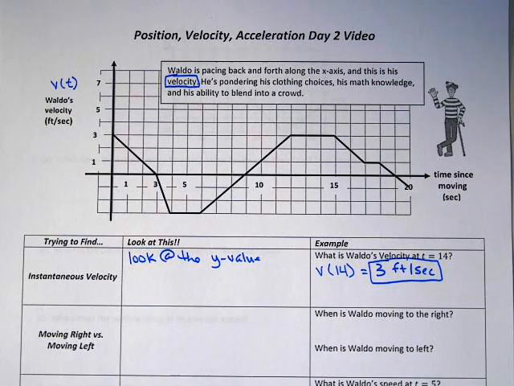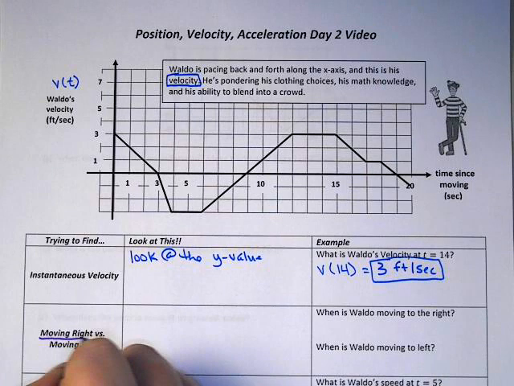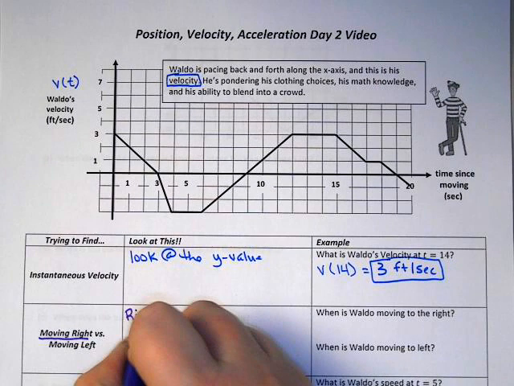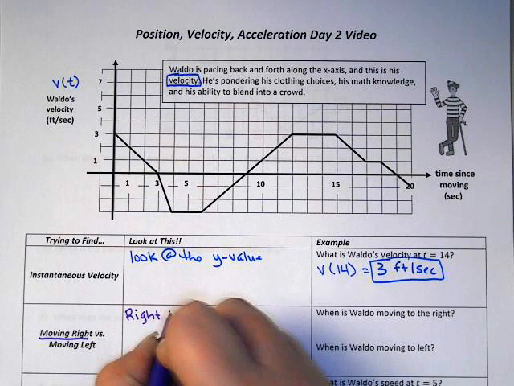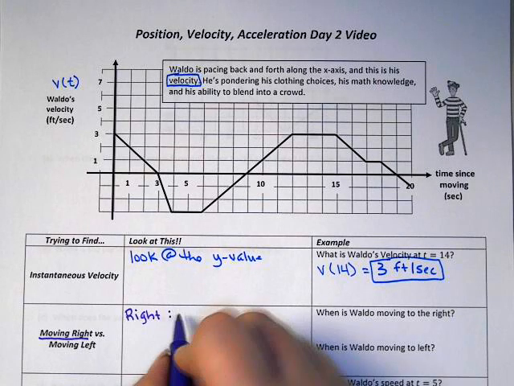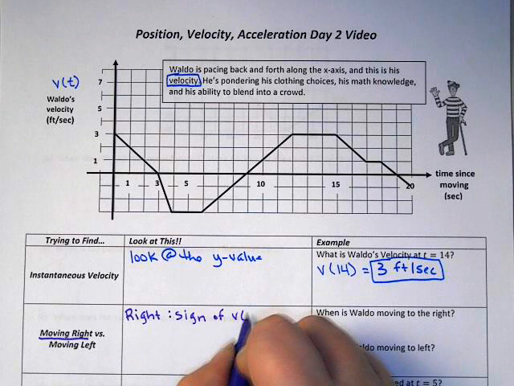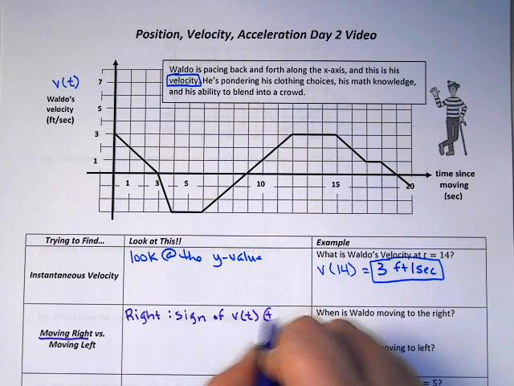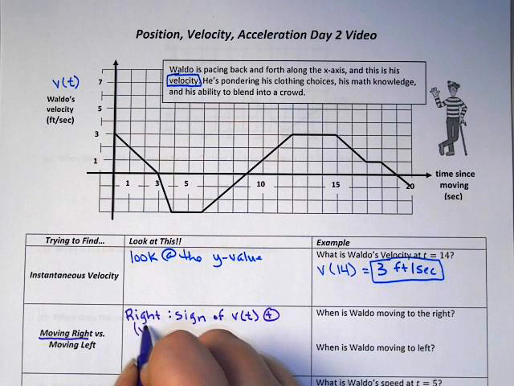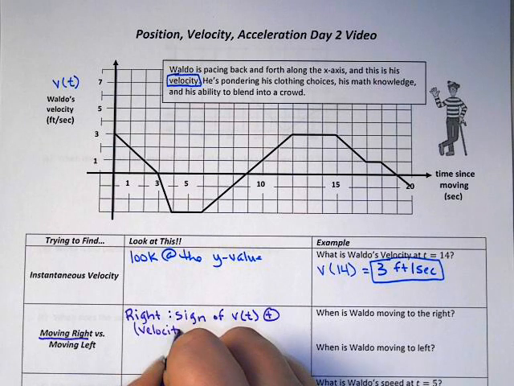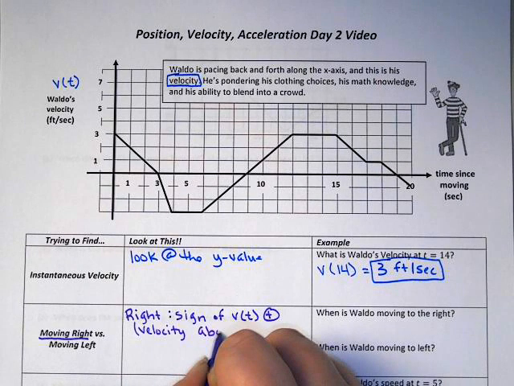All right. If we want to talk about when he's moving to the right or moving to the left, let's talk about moving to the right first. We know that we're going to be looking for the sign of velocity to be positive. In other words, we're looking for the velocity to be above the x-axis.